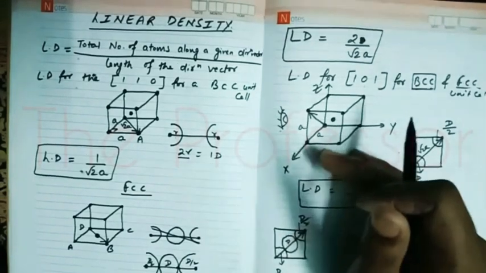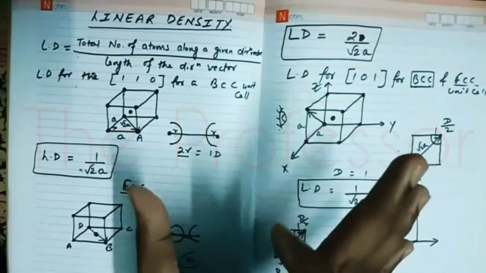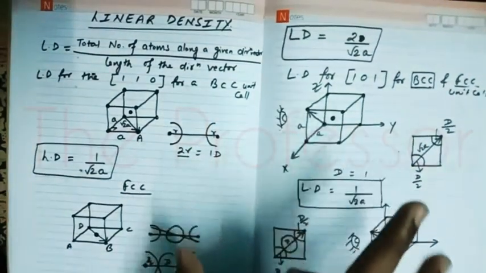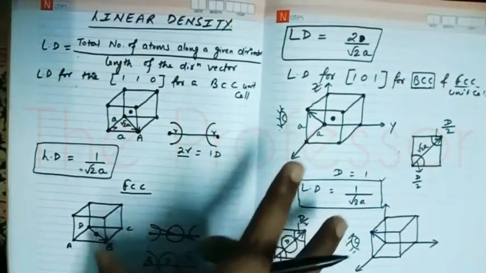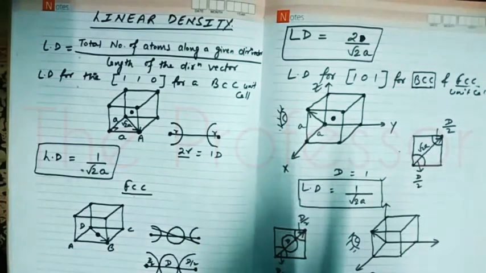From this, we concluded that the direction vectors which have the same linear densities are called a family of directions, and they are represented by putting the Miller indices in angular brackets.